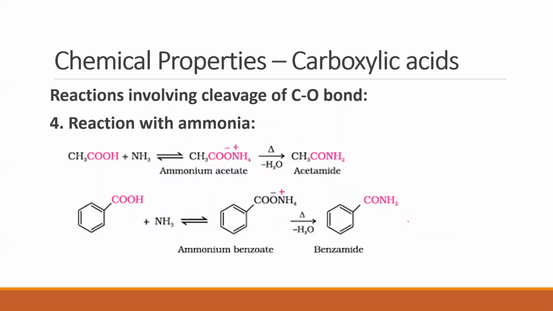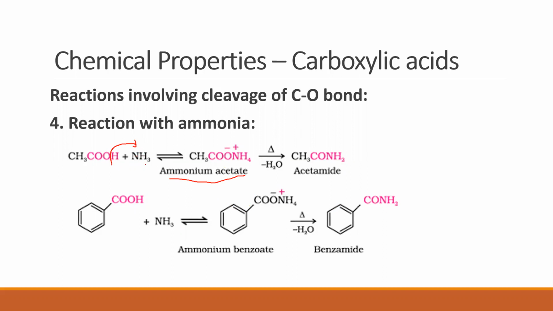Fourth reaction is reaction with ammonia, a carboxylic acid reacting with ammonia. Now let us understand what's happening here. When a carboxylic acid reacts with ammonia, a salt is first obtained, an ammonium salt. Because what's happening here is H plus breaks and takes away the lone pair on nitrogen.